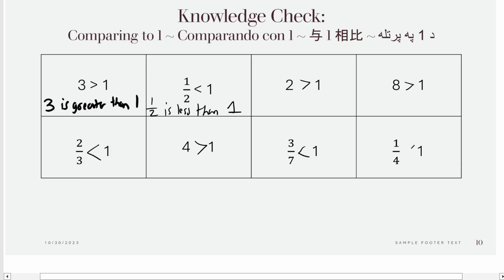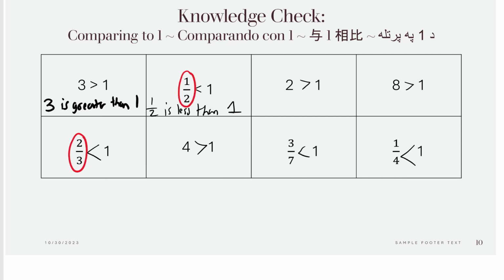And 1/4 is less than 1. Okay? So normally, if it's a fraction, it's less than 1. There are some cases where it's not. So, para esta unidad, normalmente fracciones son menor que 1, pero este no es siempre el caso. So please be careful.